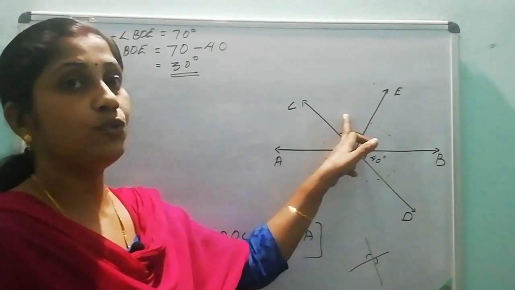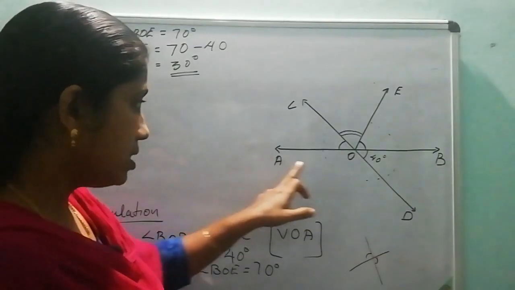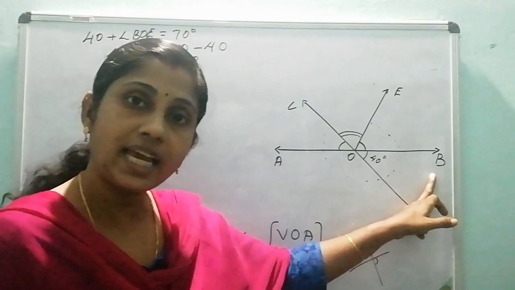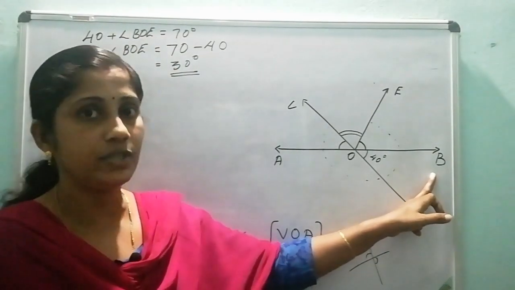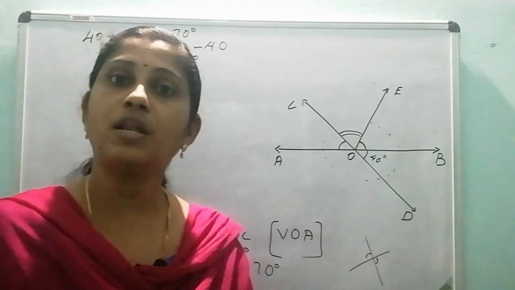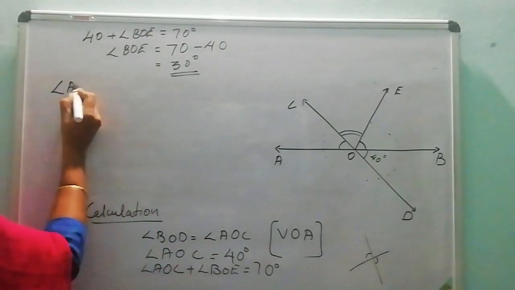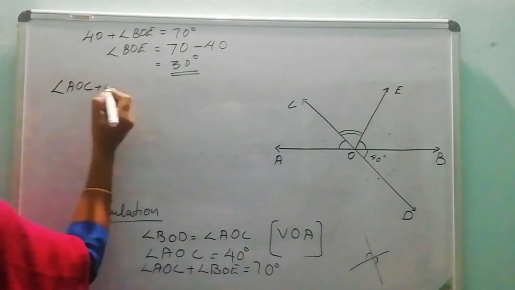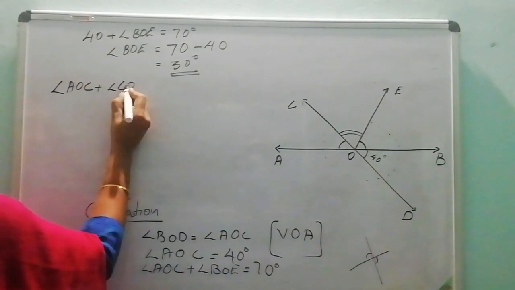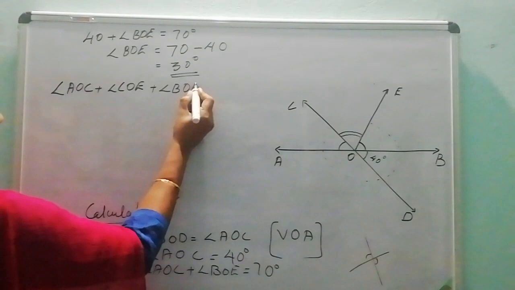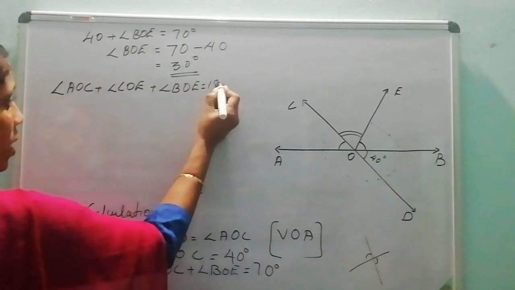Look at this line AOB. Here AOB is a straight line. So the sum of the angles will be 180 degrees. So we can write angle AOC plus angle COE plus angle BOE is equal to 180 degree.